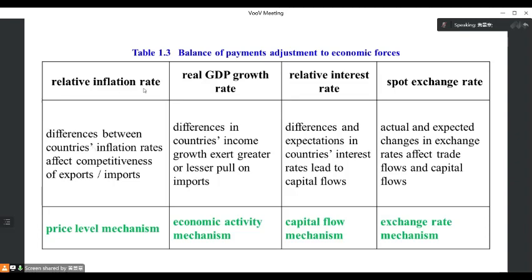How can relative inflation rate influence the balance of payments adjustment?